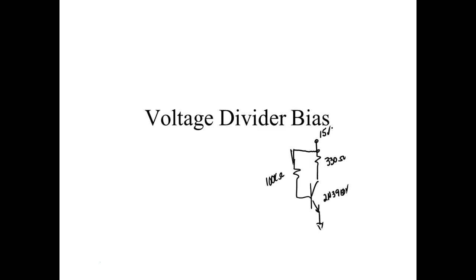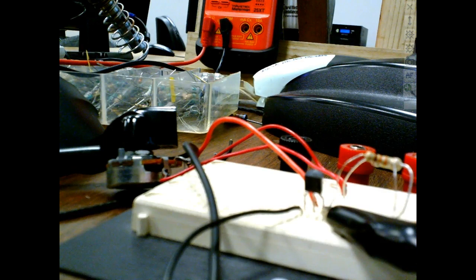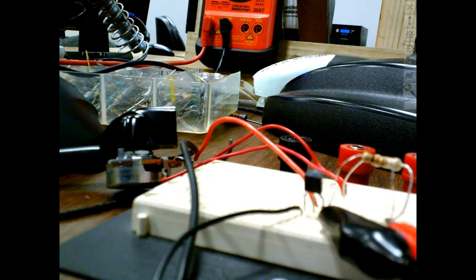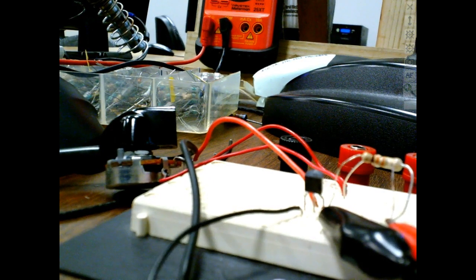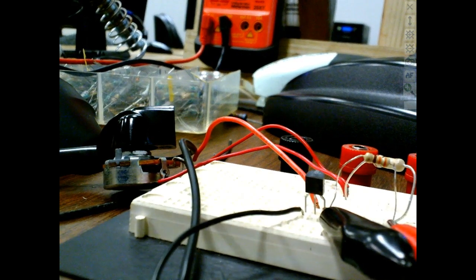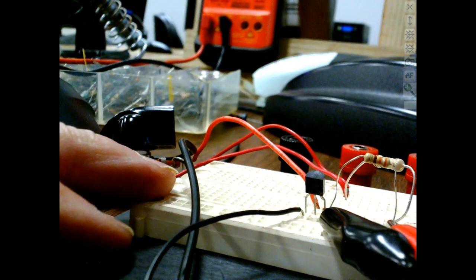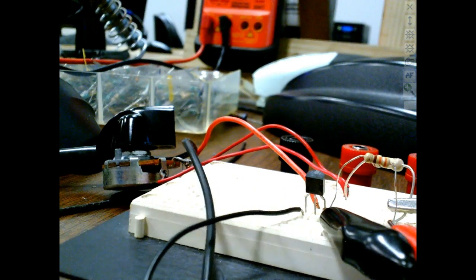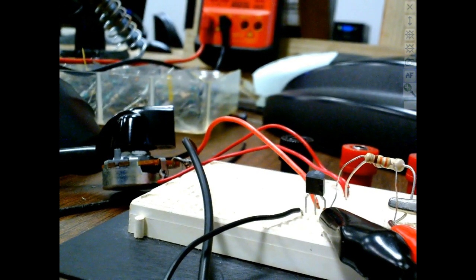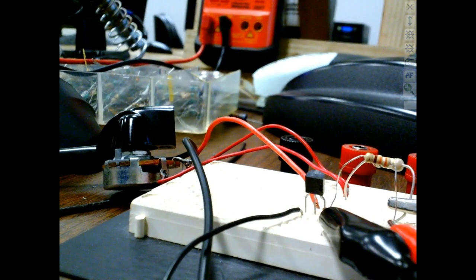Let me put my camera back over there. I'm going to turn the power supply off while I hook it up. Here's my positive voltage, I'll hook it up to the collector and the base. Here's my emitter, here's my negative voltage, hooked up to the emitter. Let's turn it on and see what happens.